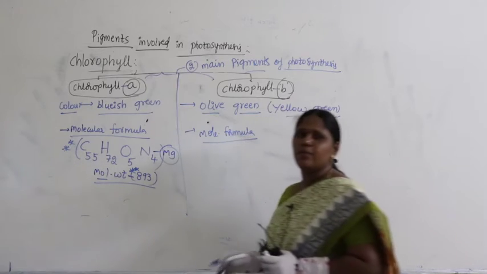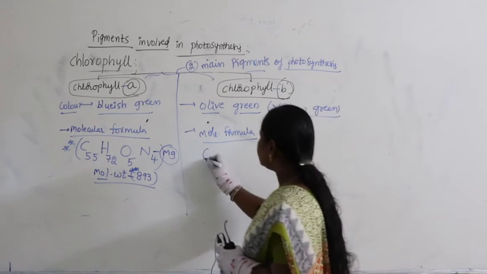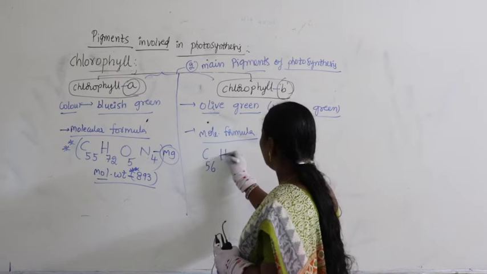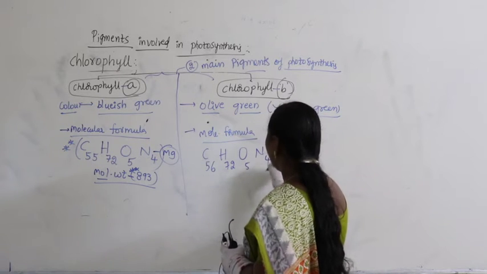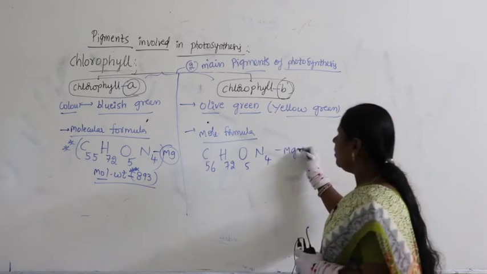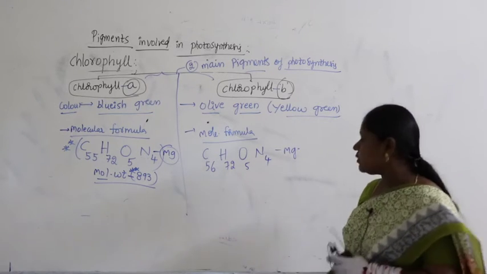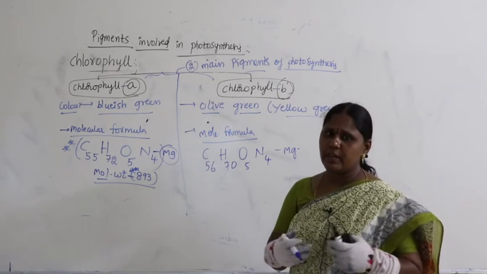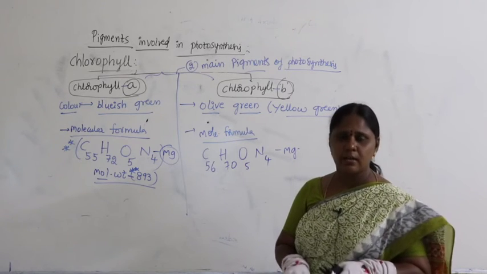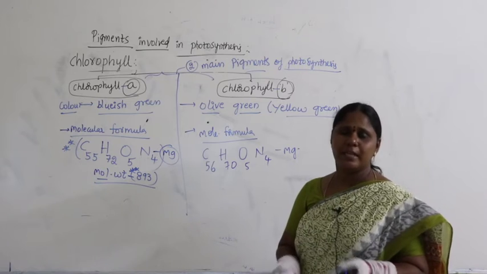what is the molecular formula which we get here? C56, H72, O5 and N4, connected to magnesium. Sometimes the two hydrogens will be less. Sometimes 72 will be there, that's also correct, and sometimes 70 will be there, that's also correct.